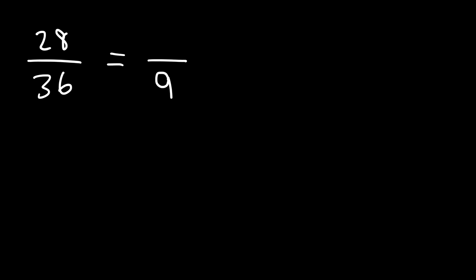So this is going to be the last example. Let's say we have 28 over 36, and let's say this is equal to something over 9, and that's equal to, let's say, 21 over something, and that's equal to 35 over something.